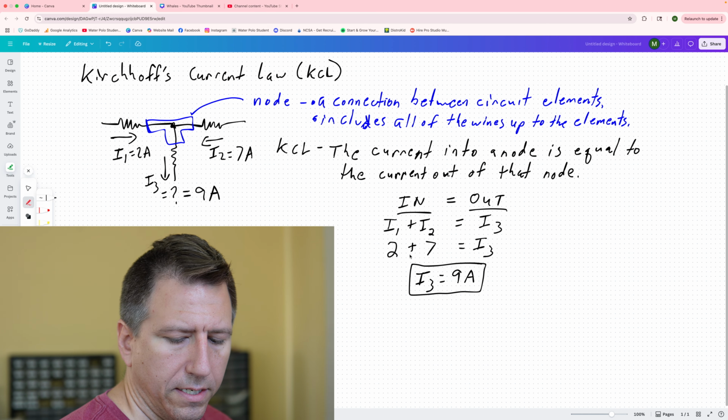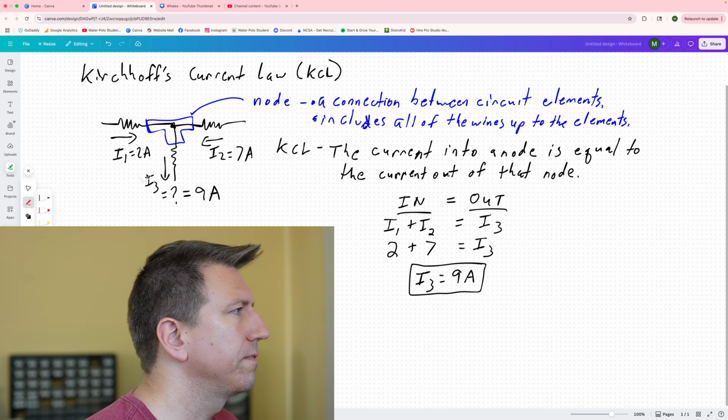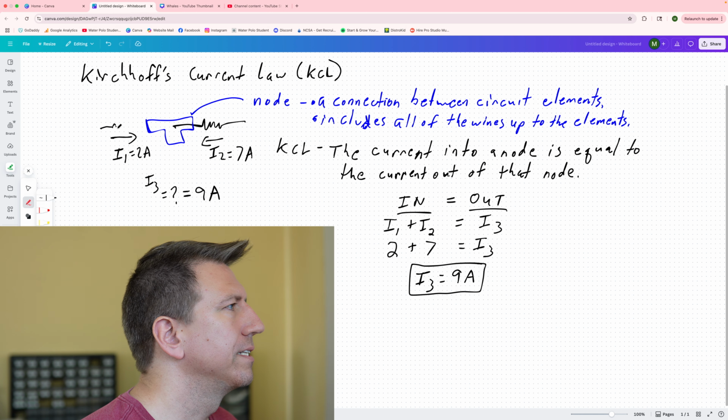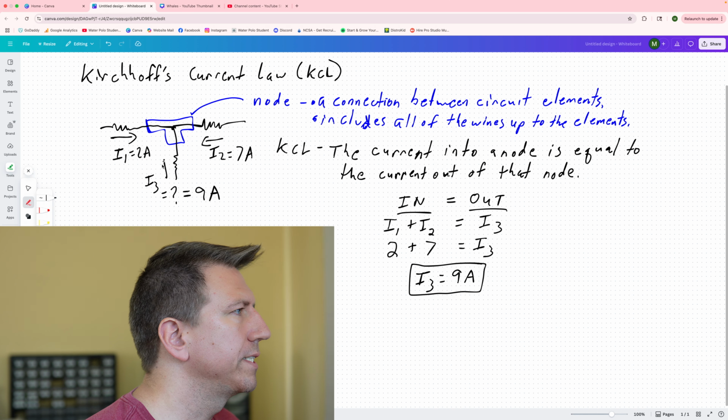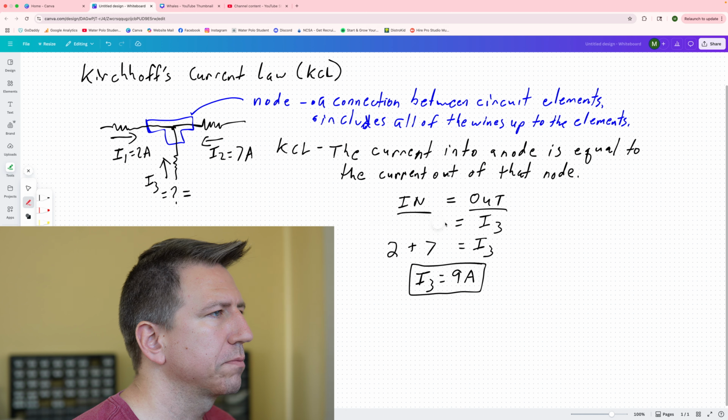Okay? So let's go ahead and change this a little bit. Let me redraw that. If I said that I3 instead was pointing in, what would change here? What would be the difference? Well, let's redo our expression.